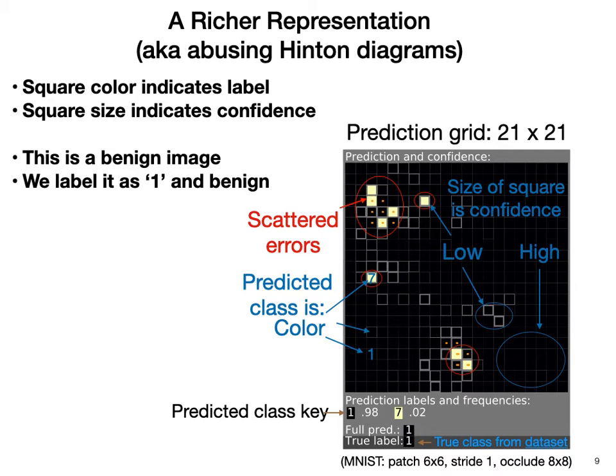Just ignore the small orange bars and some squares. So the prediction grid on the right has many predictions for the class label 1, which we're coding as black, and has a few predictions for the class label 7, which we're coding as yellow. This was an example on MNIST. This is for a benign image, which we would classify as 1 and as benign.